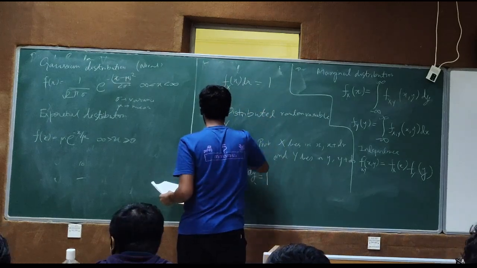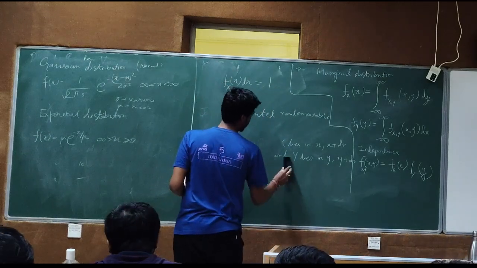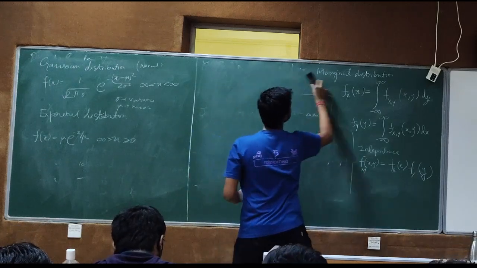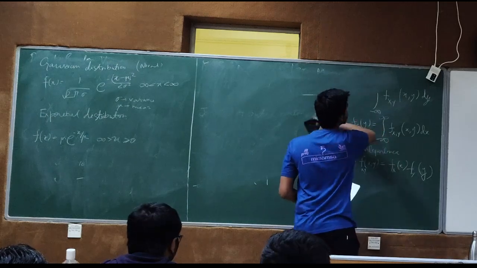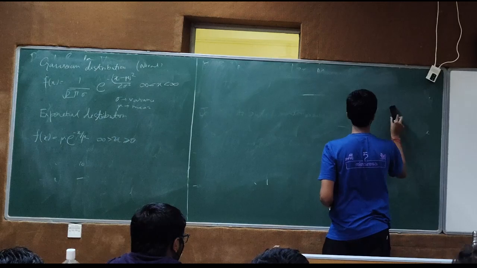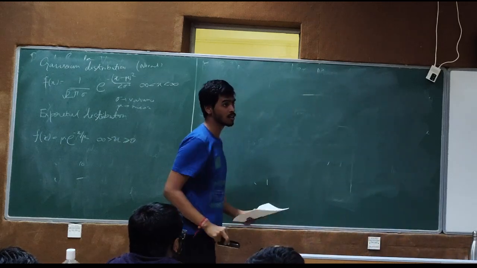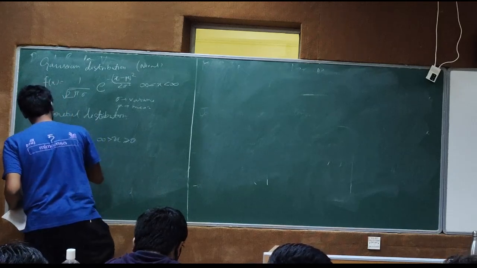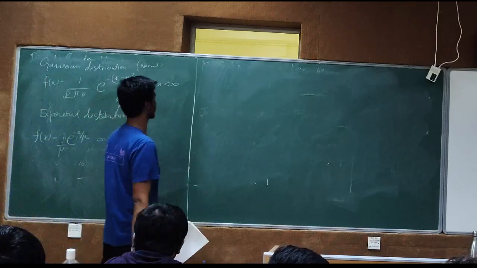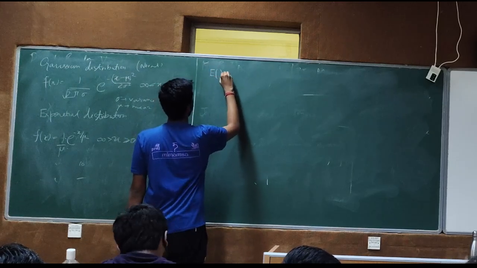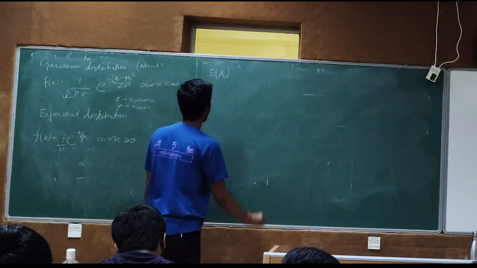So let's define something called the expectation value and variance. We define the expectation value of the random variable x as this.